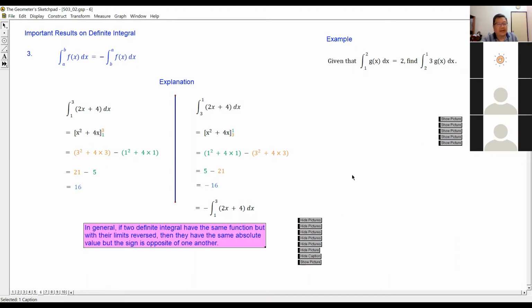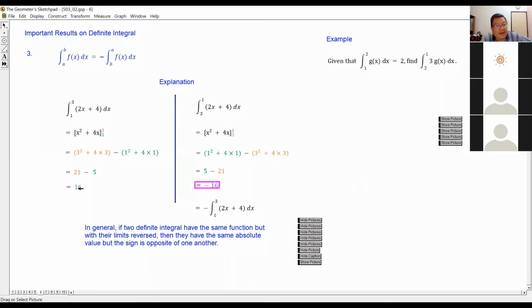So in general, if two definite integrals have the same function, both of them f(x), but with their upper and lower limits reversed, then they have the same absolute value, but the sign is opposite of one another.